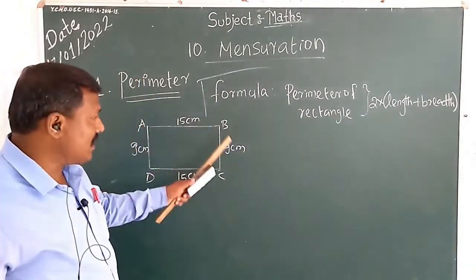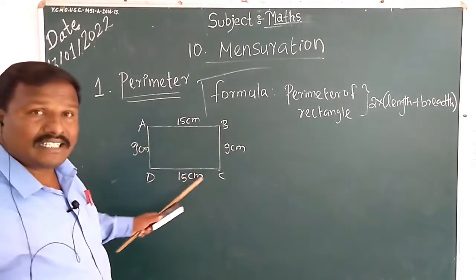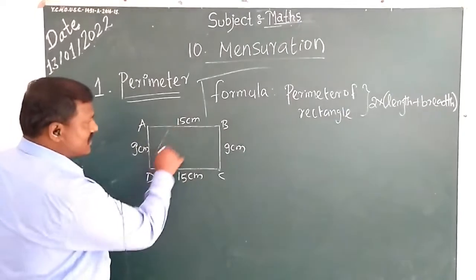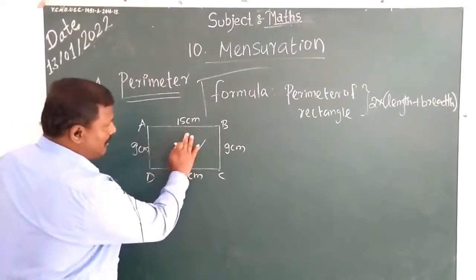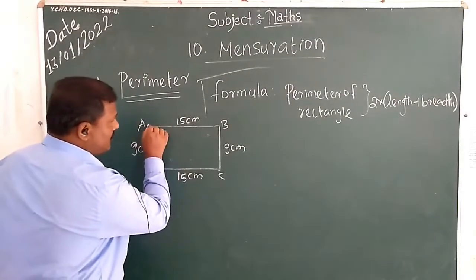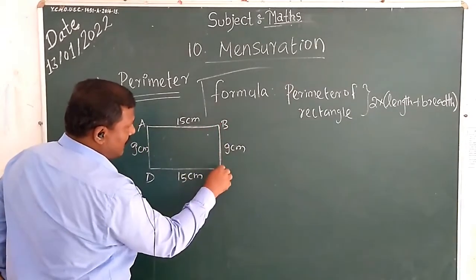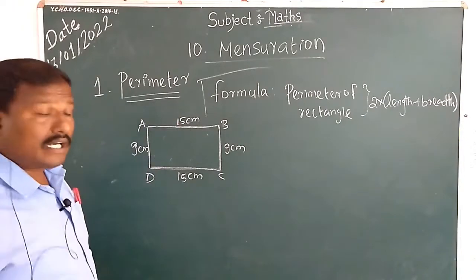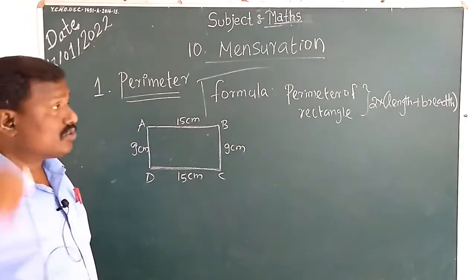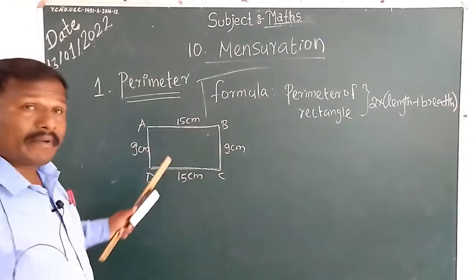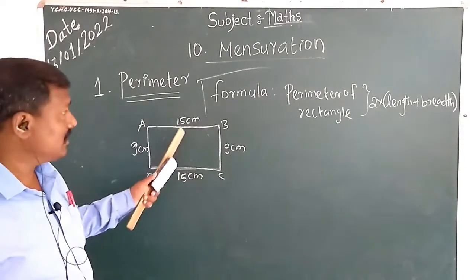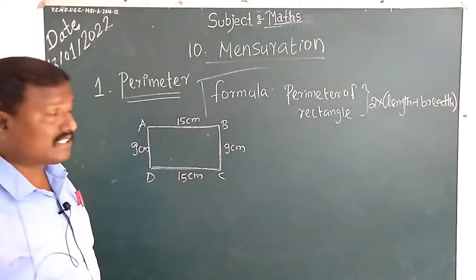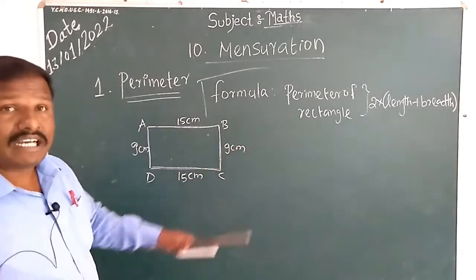Now we have to find the perimeter of the given rectangle. Perimeter is what I told you, around, the outside of the area. How much length is there around? The given measurements are 15 centimeter for length and 9 centimeter for breadth. We simply substitute into the formula.